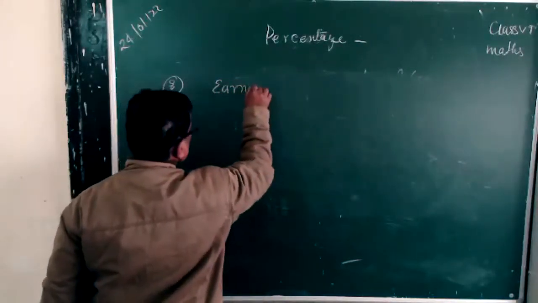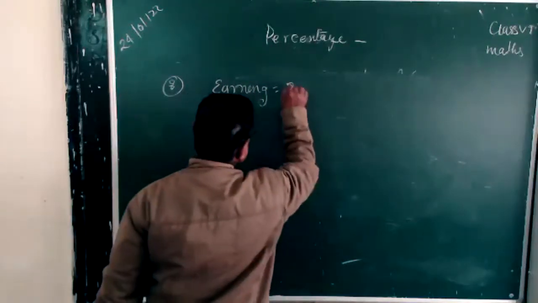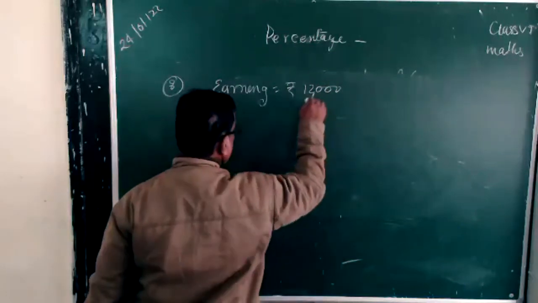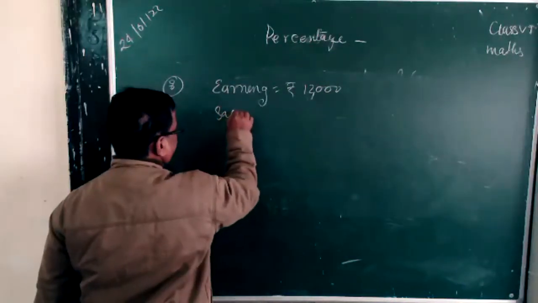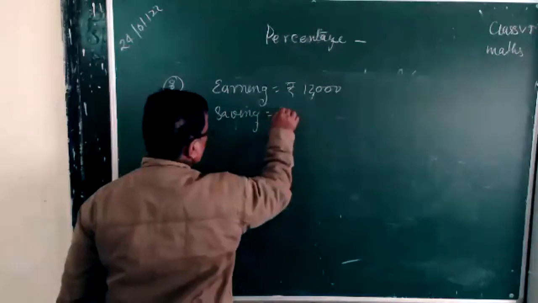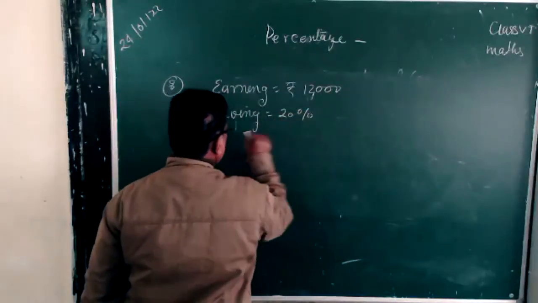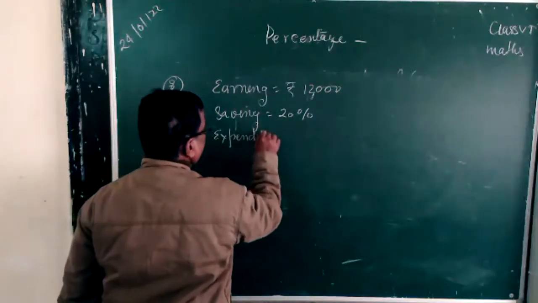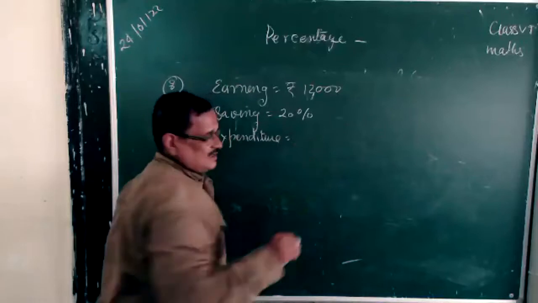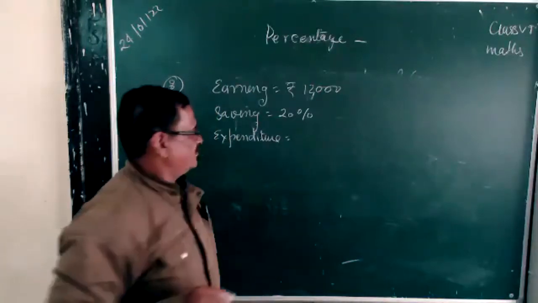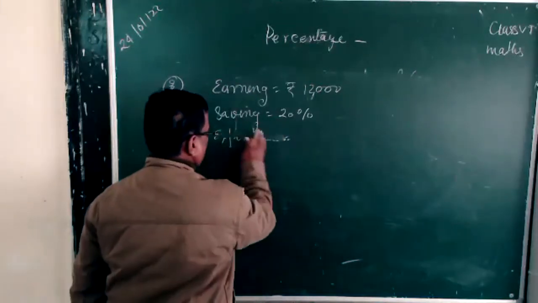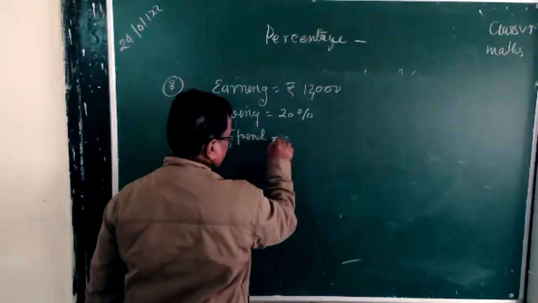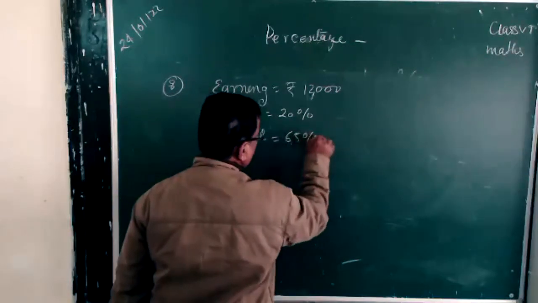Earning money is equal to rupees 12,000. Saving is equal to 20%. Expenditure, expense percentage, 65%.